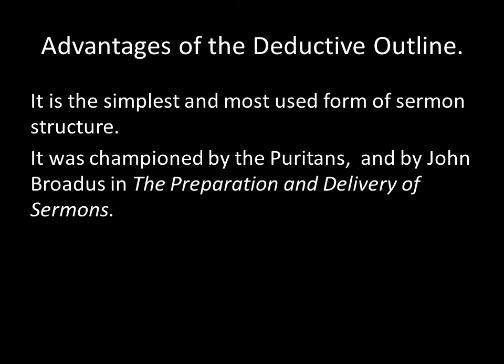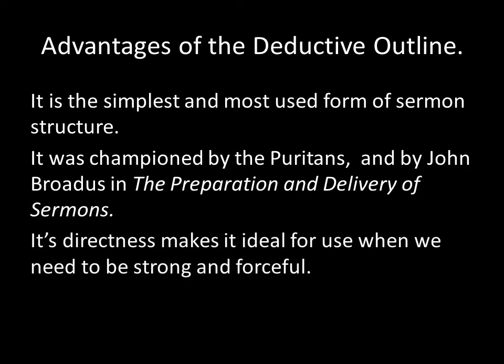It was championed by the Puritans and by John Broadus in his preparation and delivery of sermons, which was the leading sermon text of the 19th and early 20th centuries. So it is broadly used and easily recognized by congregations. Its directness makes it ideal for use when we need to be strong and forceful.